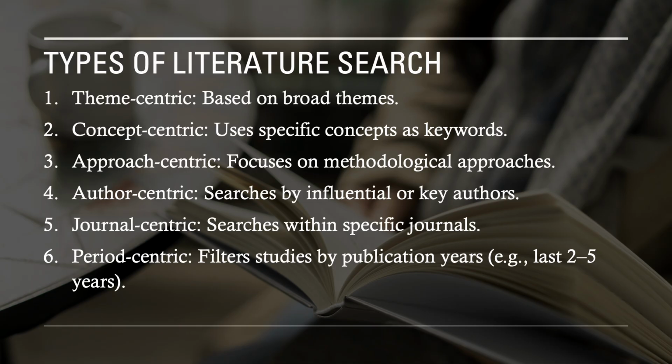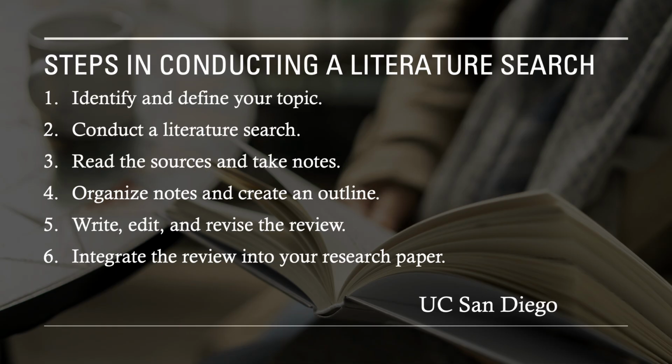An author-centric search is useful when the researcher already knows key authors in the field. A journal-centric search focuses on articles published in a specific journal, which can help narrow the scope. Lastly, a period-centric search filters studies based on publication dates, an important strategy when thousands of new articles are published each year.